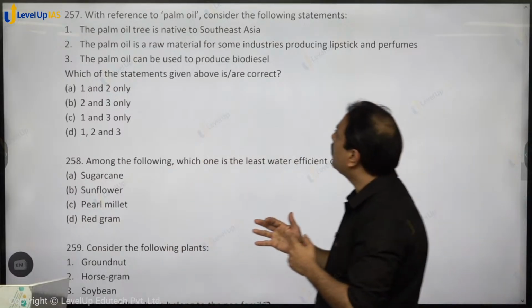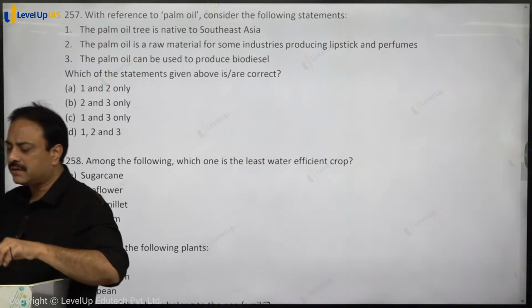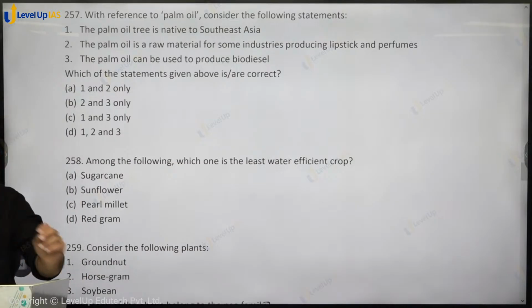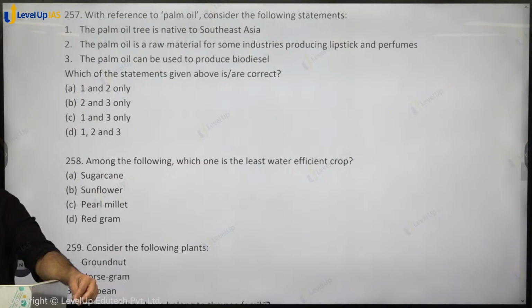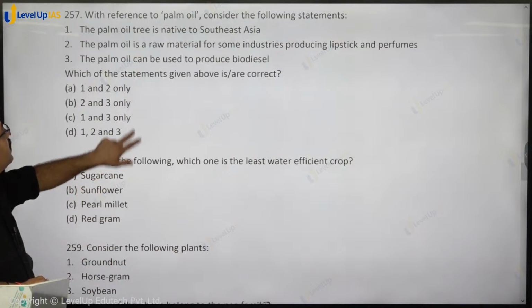With reference to palm oil, consider the following statements. Question number 253 you are asking.